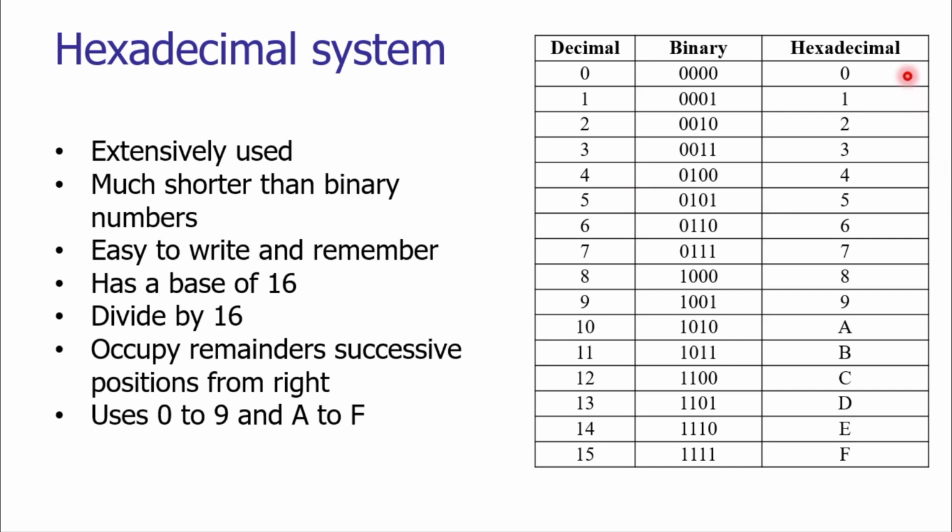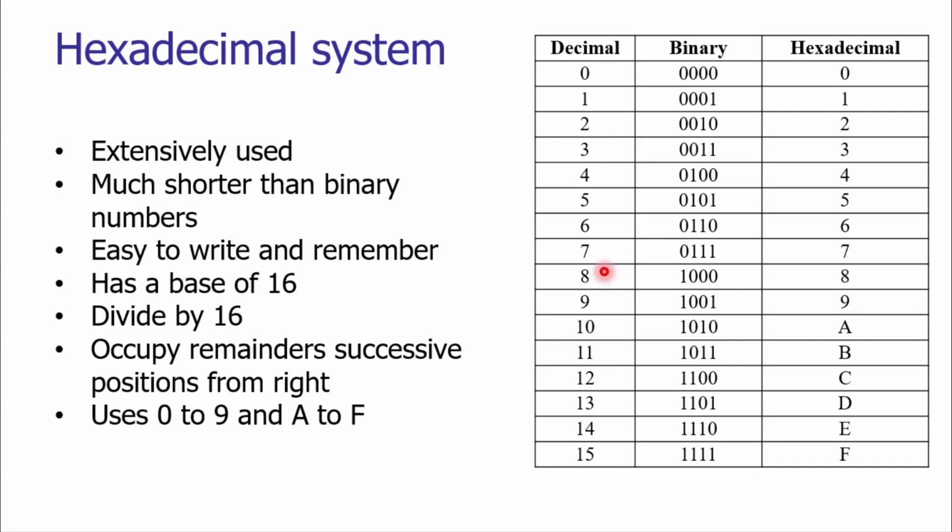Now in the hexadecimal system, we represent 0 as 0, 1 as 1, 10 as A, 11 as B, because after 9 we have to represent it.